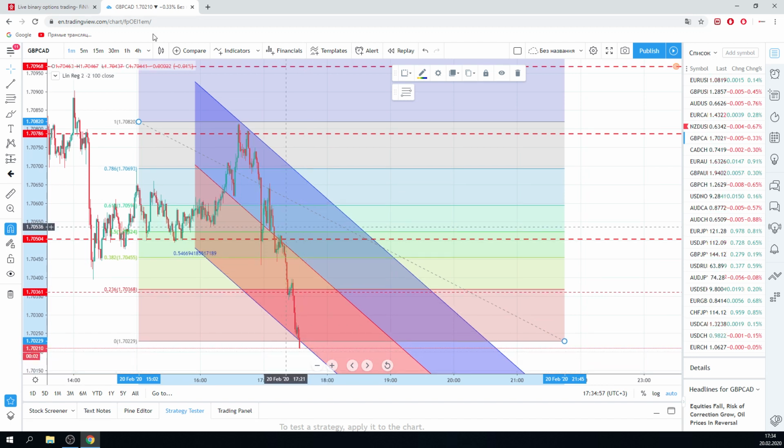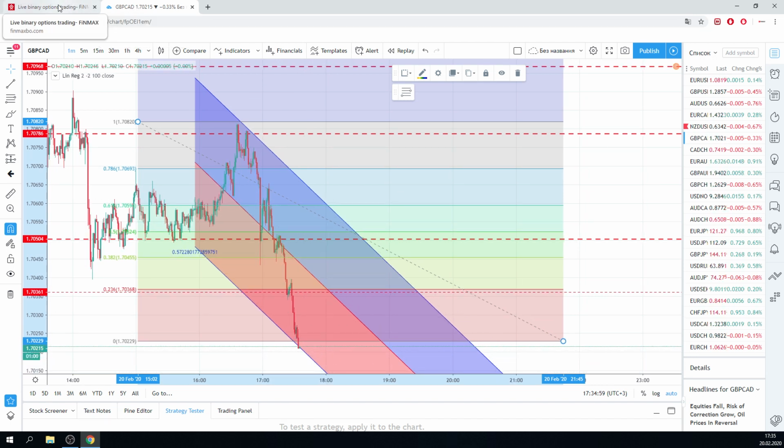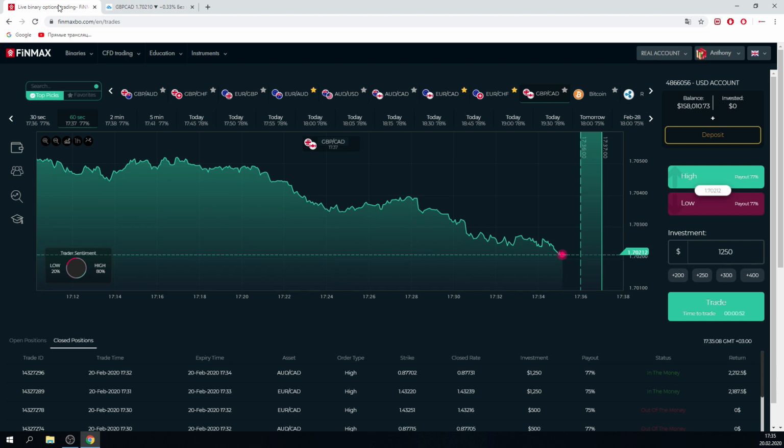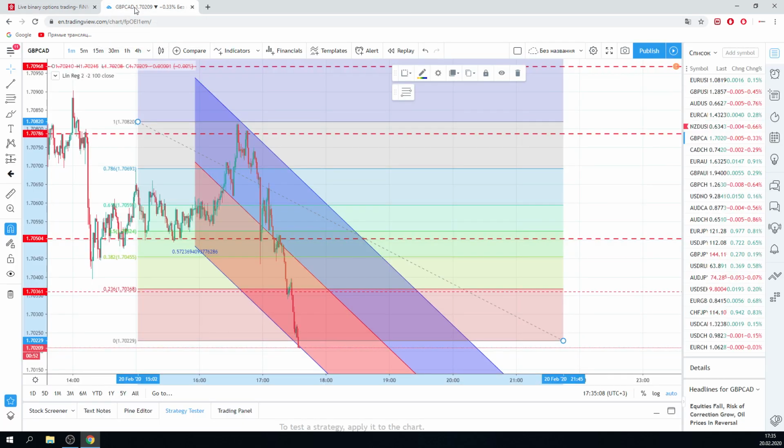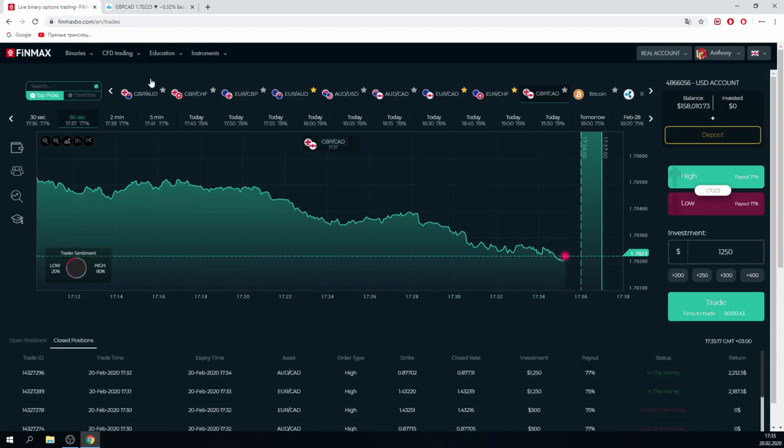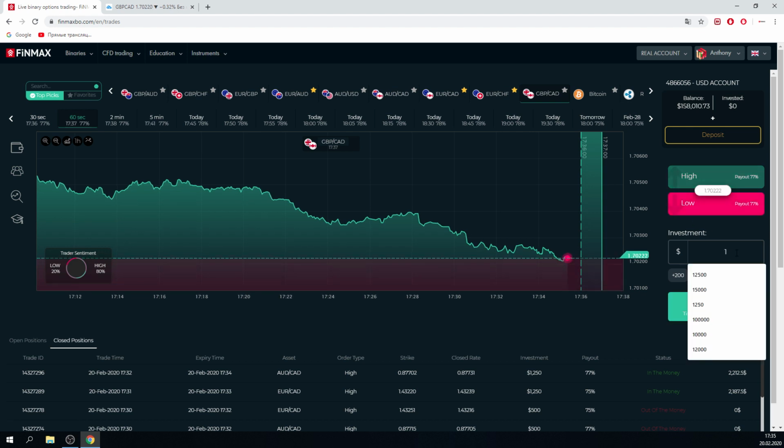At this point I can take the trade for the sell direction, because it's continuously breaking the different levels. Let's say the 0 level it did break. Let's see whether it's gonna be a successful decision. Okay, I'm gonna trade for the low direction with 200.